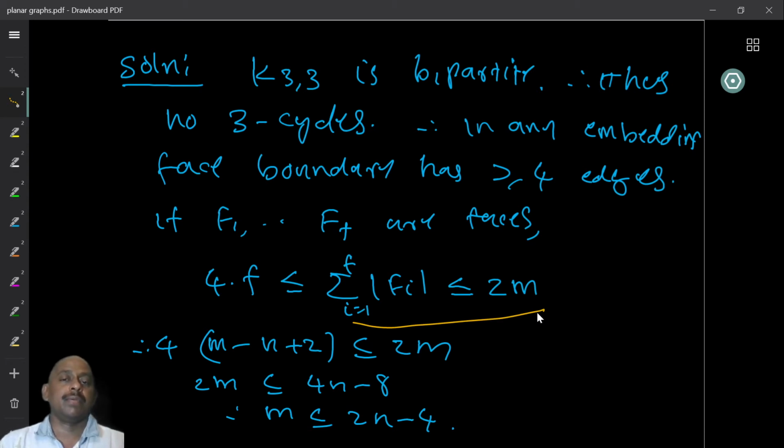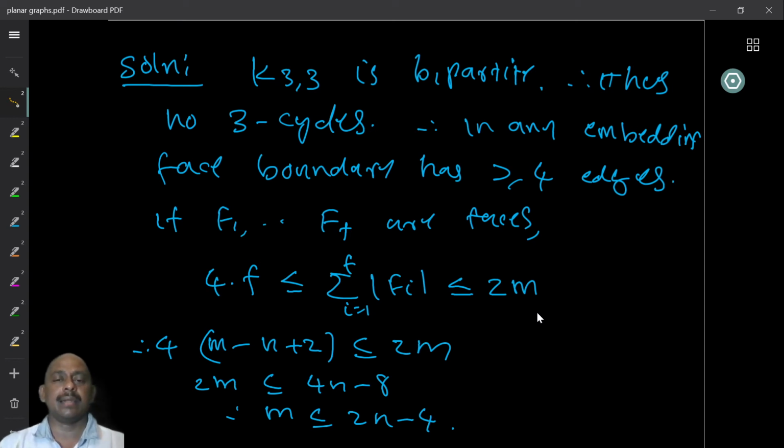Because if you sum over the sizes of all faces, each face boundary has at least 4, but each edge is counted at most twice. So 4f is less than or equal to 2m. Now directly using the Euler identity, 4 times (m minus n plus 2), which is f, is less than or equal to 2m. And this tells you that 2m is less than or equal to 4n minus 8, or m is less than or equal to 2n minus 4.